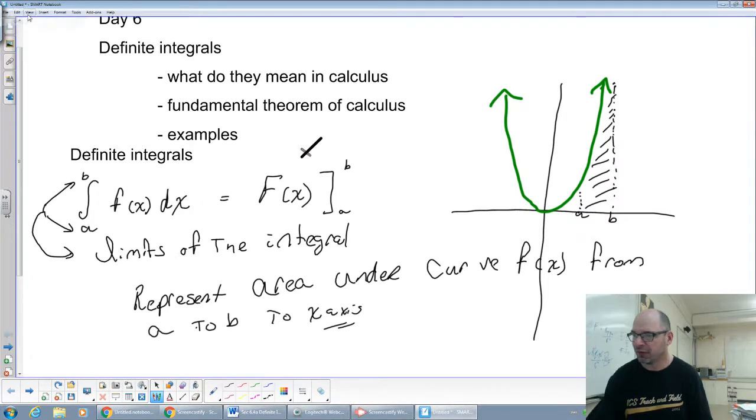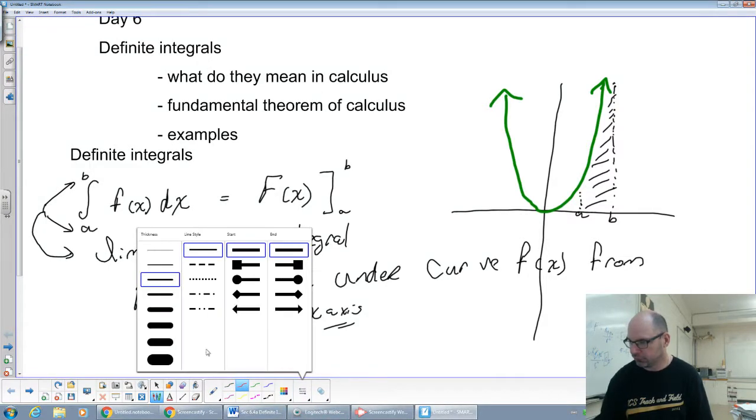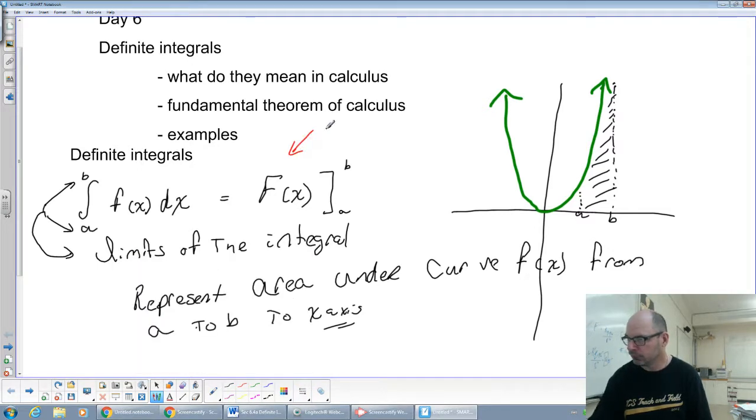Switch pens here. So that's capital F of x, the actual integral of that equation.